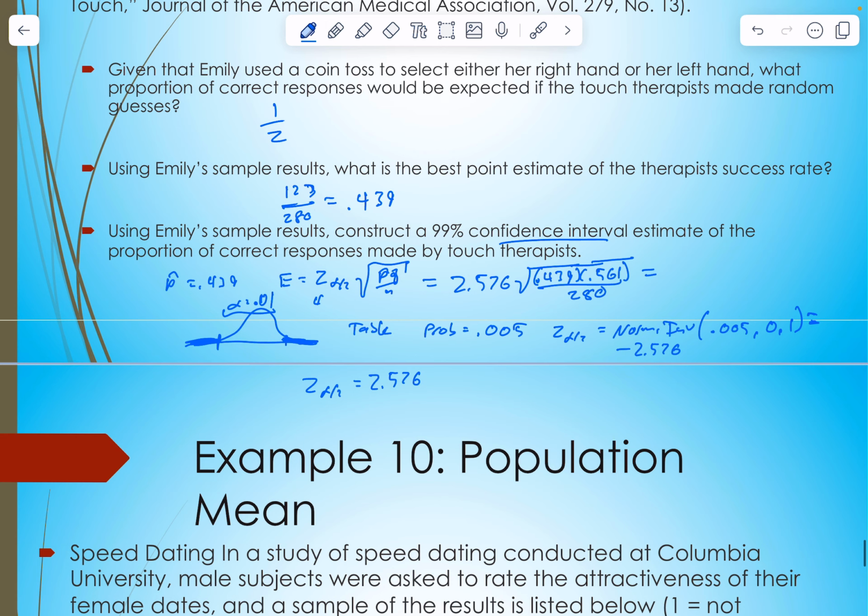And I end up getting 0.0764. 3 significant figures.